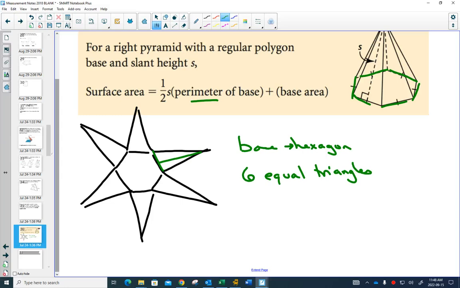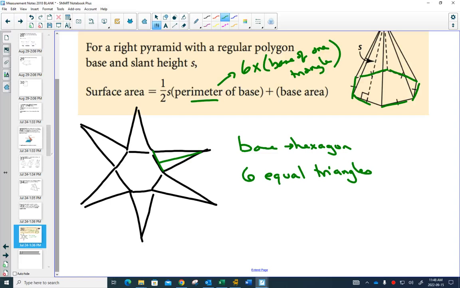Does it make sense that the perimeter is 6 times the base of one triangle? So we can maybe see why the two formulas are the same. You could either do 6 equal triangles, which is probably what I'd recommend because this formula is not on there, or we could use this formula.